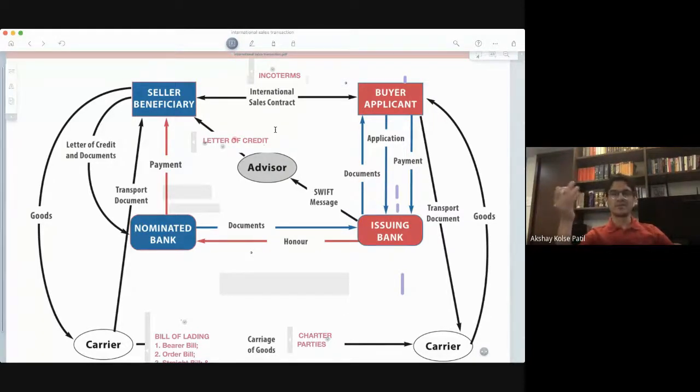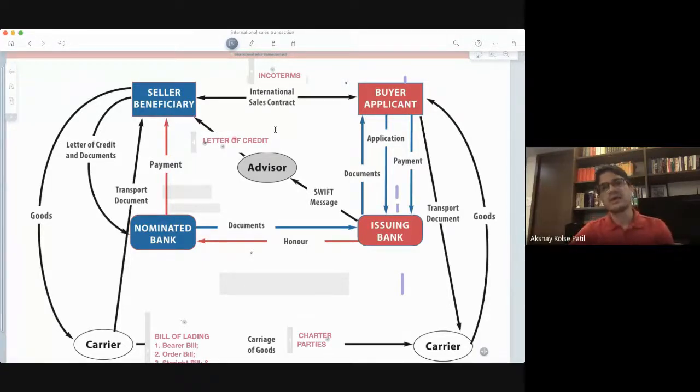For example, the UCP provides that when a bank receives the documents under a letter of credit, if it has any issues with the documents, it has only 5 days to reply, to send the documents back. If the bank does not send the documents back in 5 days, it has lost its opportunity to deal with it and will then have to confirm and pay as per the letter of credit.